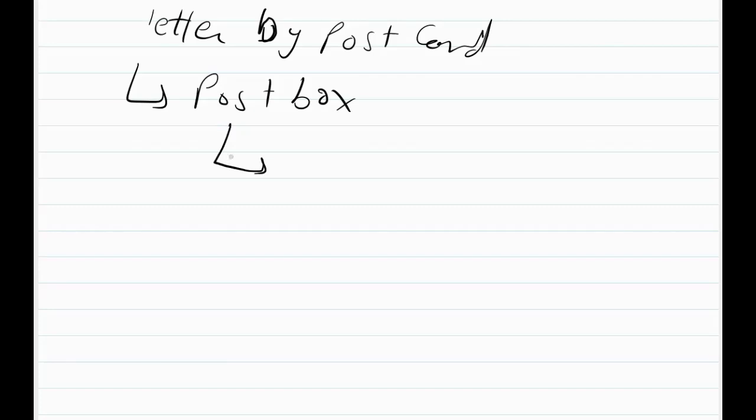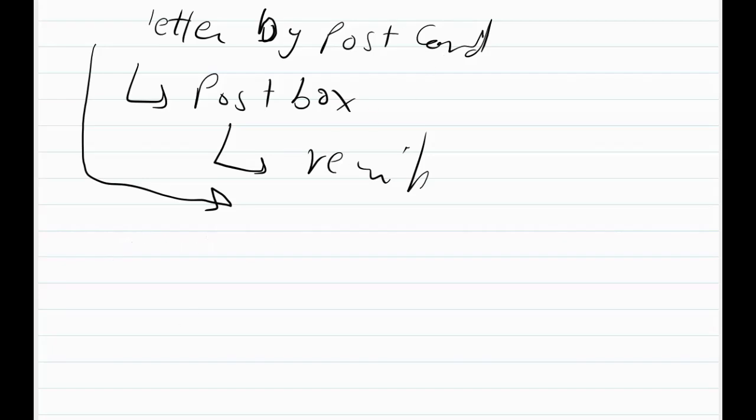Then it is sent to the recipient. In this scenario, each and every person can read whatever is written on the postcard along with the recipient. So data is not hidden here. Anyone can read what is written on the postcard.